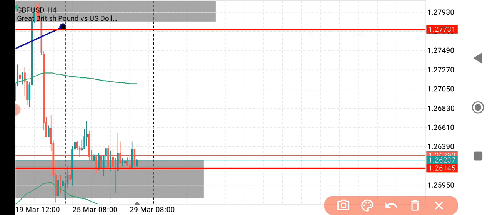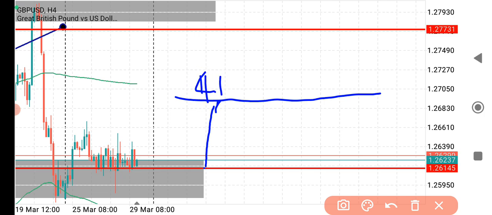Which means that if this is our resistance and price moves from here to this point on H4, for us to sell, we want to see an engulfing candlestick, or we want to see an inverted hammer.